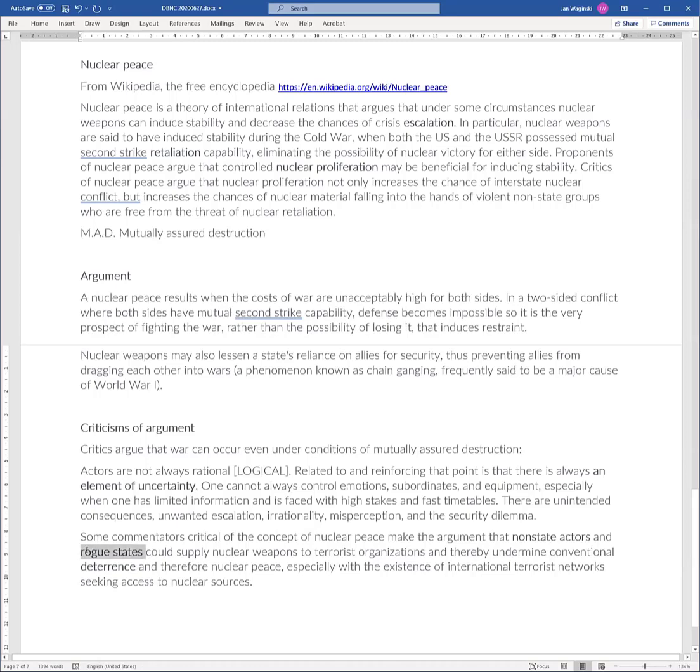And what is a rogue state? Rogue is like breaking the law, kind of, yeah. A rogue is kind of an old-fashioned word for a criminal, someone who doesn't obey the rules.